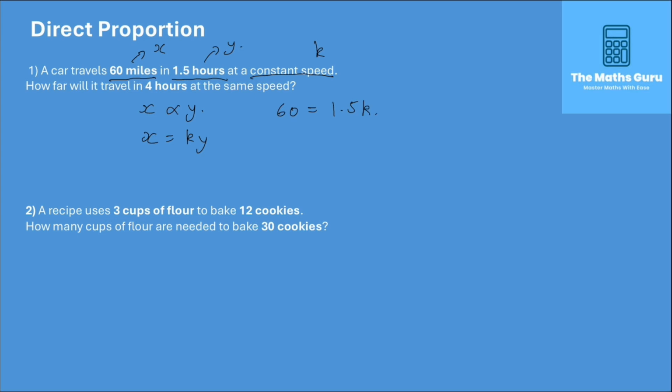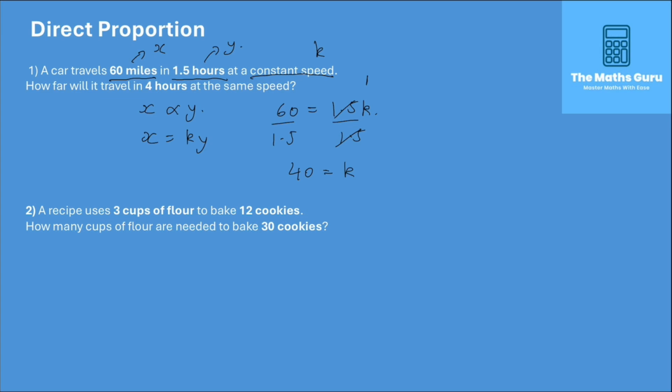To solve for k, to work out our constant speed in this case, we do both sides divided by 1.5. As you can see, the 1.5s will cancel out, leaving a 1 because it's just the same number over the same number. 60 divided by 1.5, if you use your calculator, is 40. So 40 is our k, our constant speed.